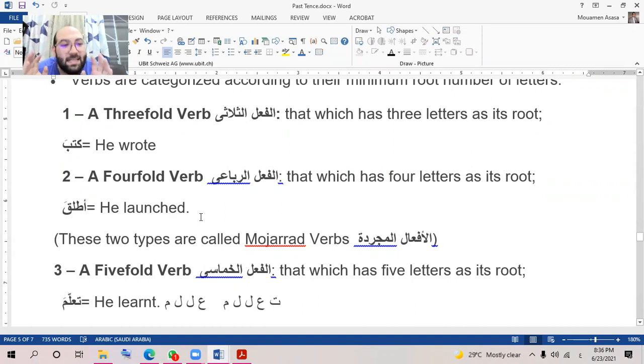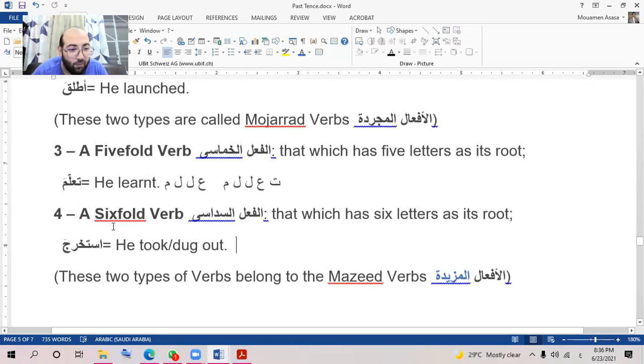This is the same with the 4-fold verb and 5-fold verb. When I change the structure in English, it gives me another meaning. Understand? Same in English, same in Arabic. The fourth fold, the fifth fold and the sixth fold are verbs with added letters that give another meaning.